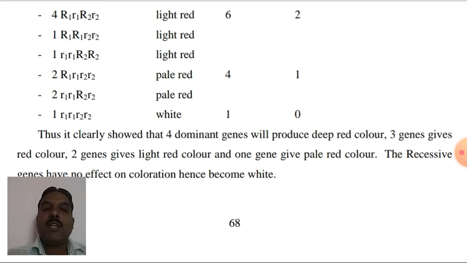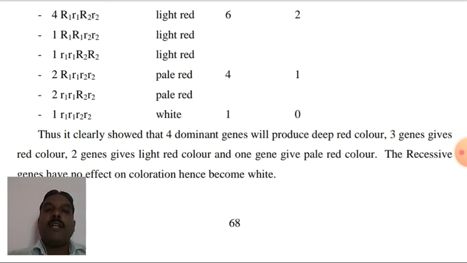And the last genotype, which is the recessive homozygous, observed in one number, small r1, small r1, small r2, small r2, is the white one. Here the number of dominant genes present is 0, so its color effect is white. So in the F2 generation we can observe the ratio 1:4:6:4:1.